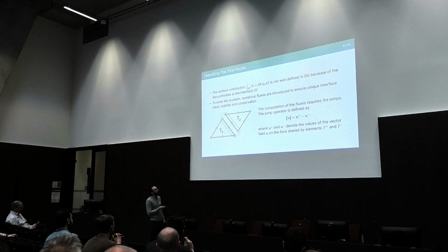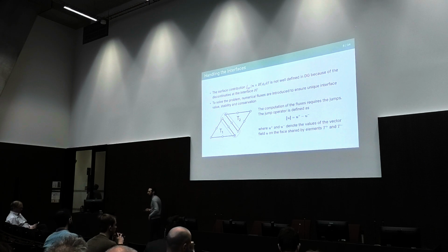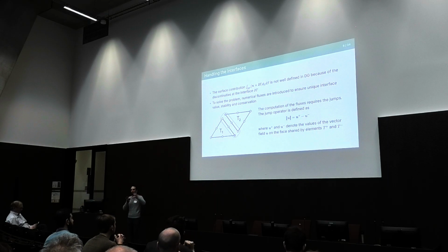When we compute that, one of the operators we use is the jump operator, which becomes important in the case of the multi-GPU solver, as we will see. We need the value of the field at the boundaries of one element, and when we have two elements, we have values that are different at these elements, so we have to compute this jump operator, and so we need at some point to exchange data between the elements.